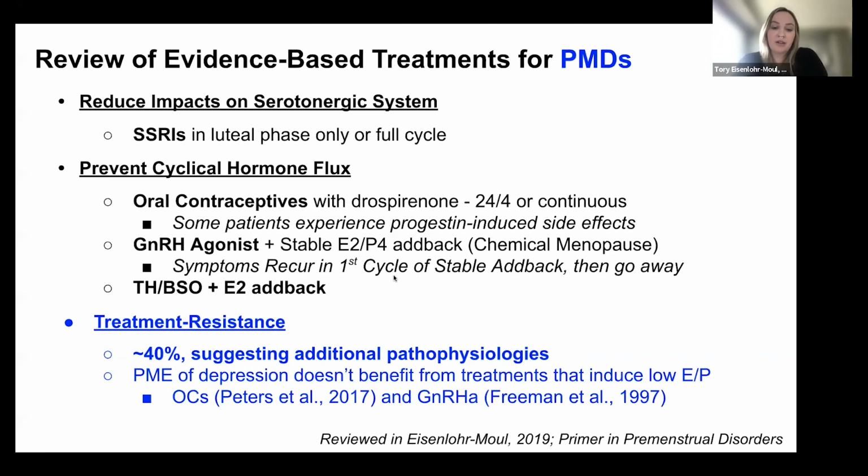There's a couple of clinical trials showing that oral contraceptives and GnRH analogs, which both produce these low, stable estrogen and progesterone levels, beat placebo pretty consistently for PMDD, where it's very clearly on off. But when people have chronic depression that worsens around the onset of menses, it doesn't seem to work as well for that group of people.